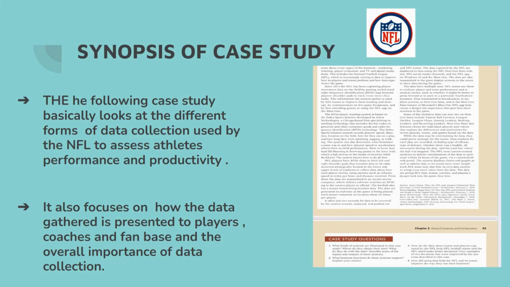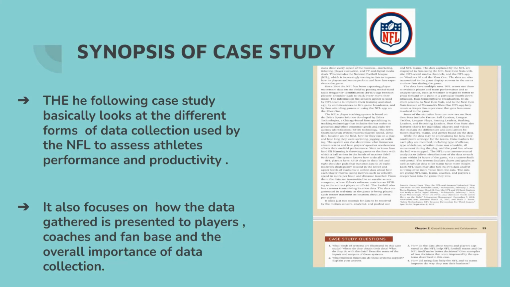And when it's information, it can then be outputted to the players, coaches, and the fan base via their website called Next Gen. And if they are fans with their Xbox One and they have the NFL app, this information is available for them.